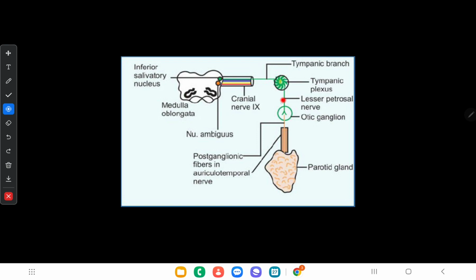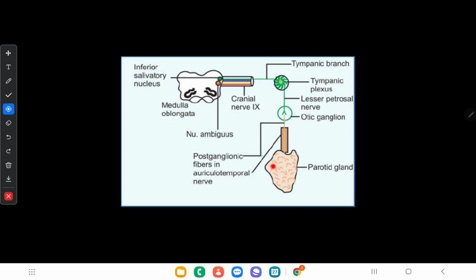This nerve enters into the middle cranial fossa, from where it enters the infratemporal fossa to terminate in the otic ganglion. This lesser petrosal nerve, you can see, terminates in the otic ganglion. Then postganglionic fibers from the ganglion join the auriculotemporal nerve, which hands over the secretomotor fibers to the gland.